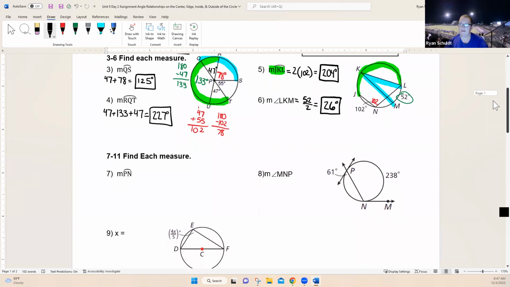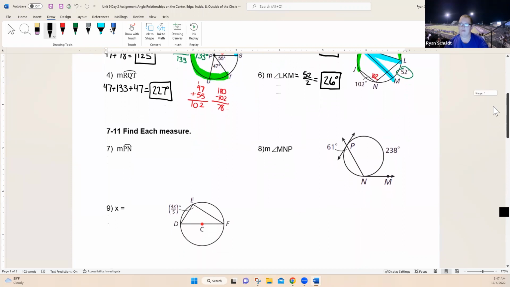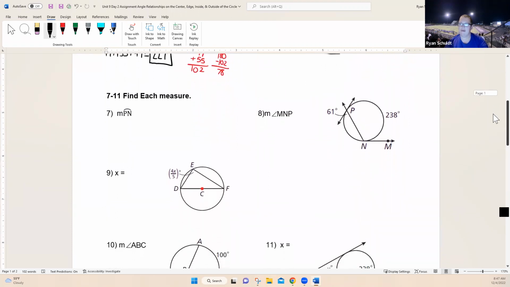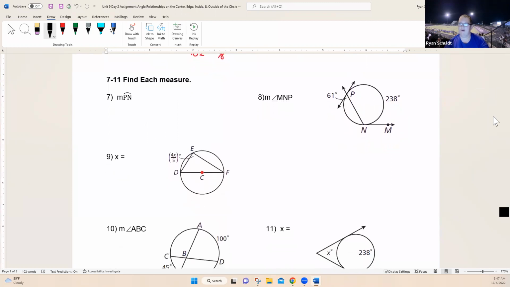Okay, let's look at the next one. So 7 and 8. Those deal with this circle over here on the right. Seven asks us to find the measure of arc PN. So that one right there. We know the angle, we need to go out.